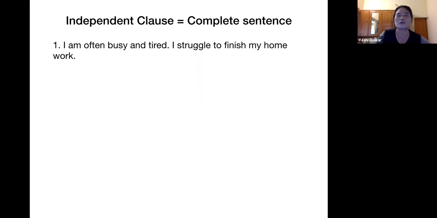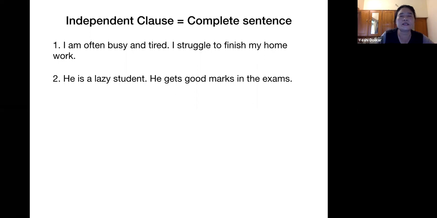Both are simple sentences. Another example: He is a lazy boy. It is a simple sentence. He gets good marks in the exams. It's a simple sentence. Do you understand?